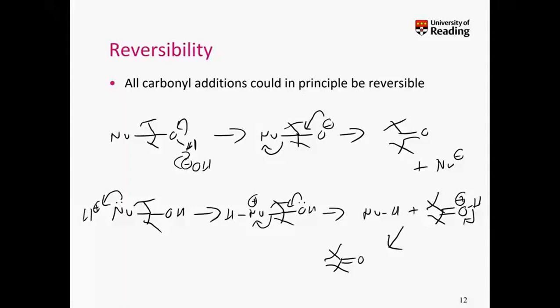If you look at it, carbonyl plus acid goes to protonated carbonyl. You add the nucleophile, and then you lose a proton. So that would be going back that way. All of those reactions are actually reversible, and that's important because as we move on, we'll start to see that once you do your reaction, you sometimes end up with choices.